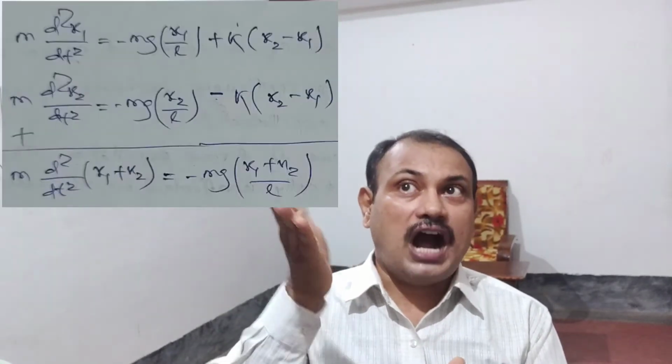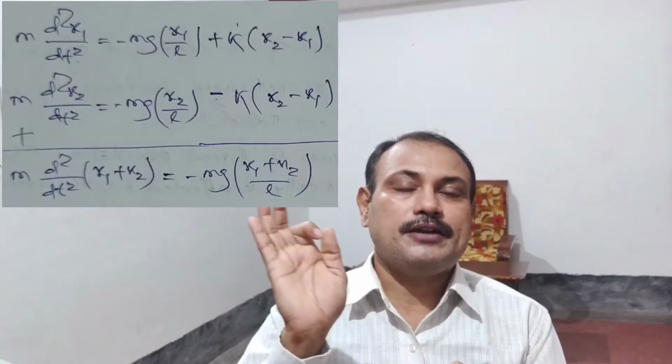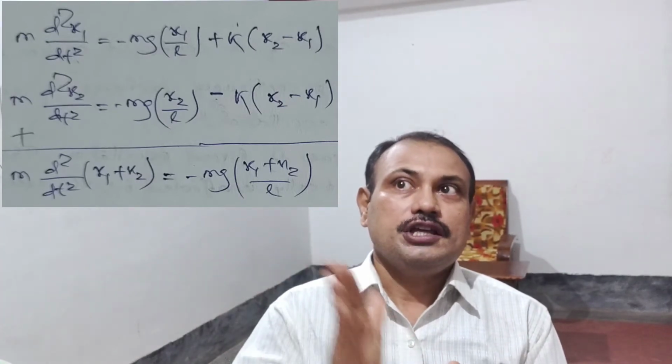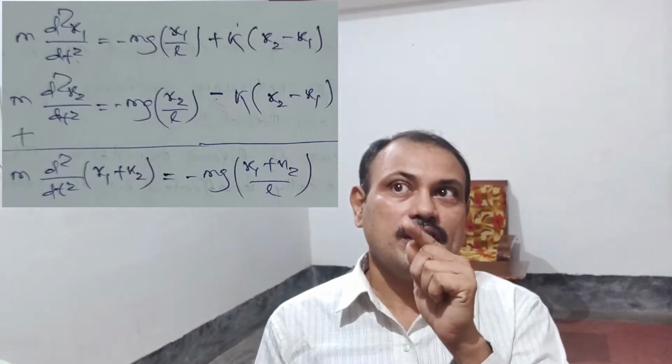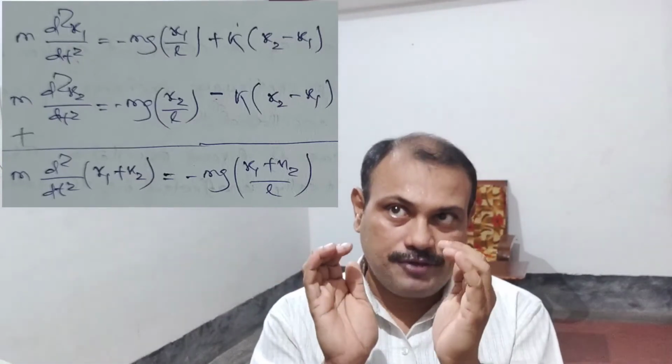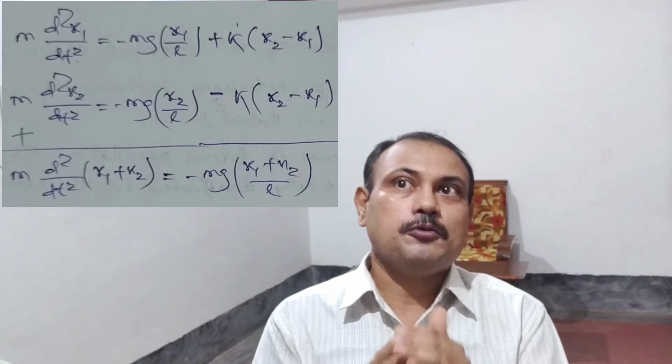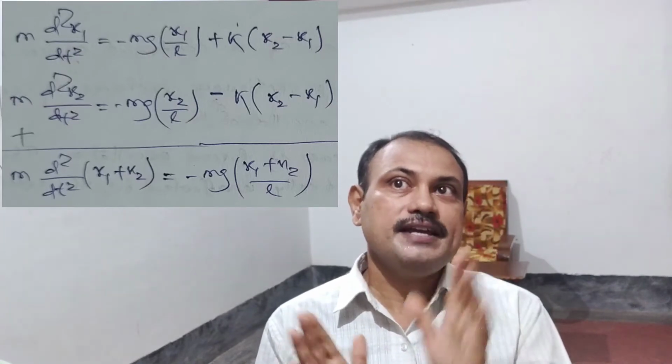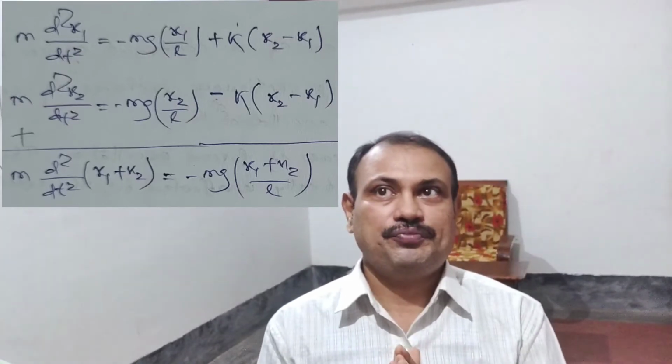Now when you add these two equations which you have set for pendulum 1 and pendulum 2, you get m d square by dt square of the sum x1 plus x2, which must be equal to minus mg by L times x1 plus x2.